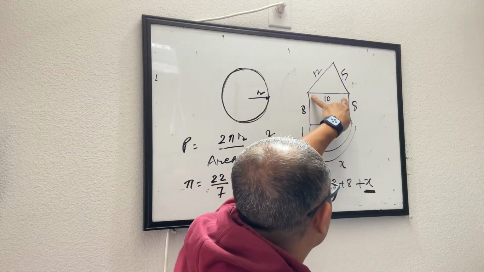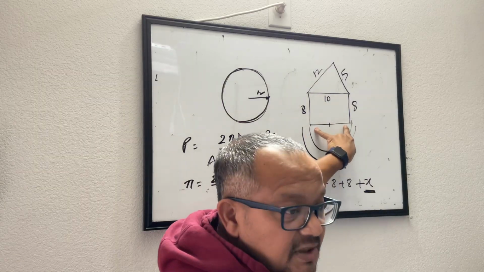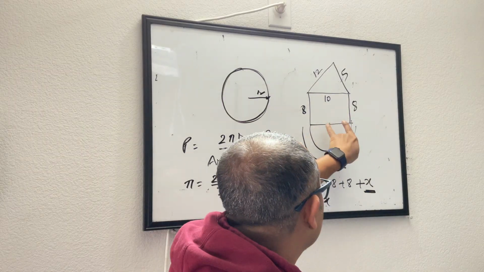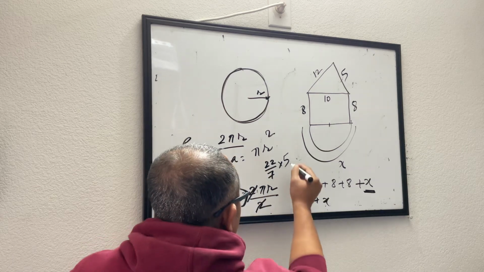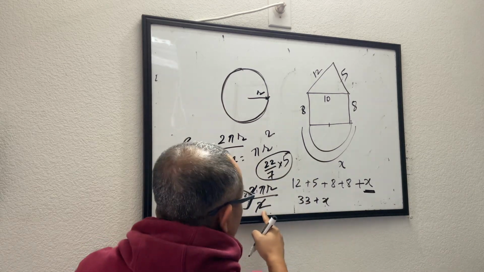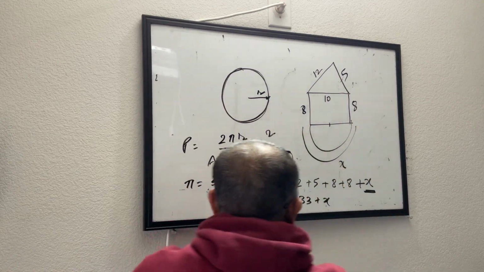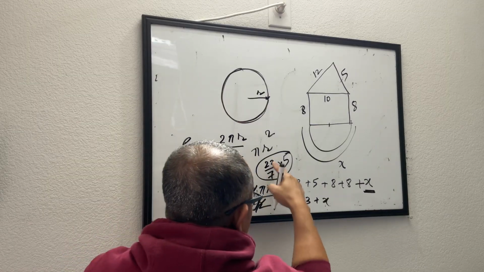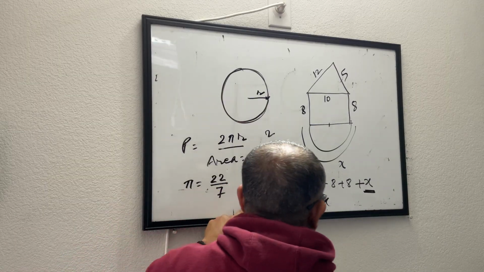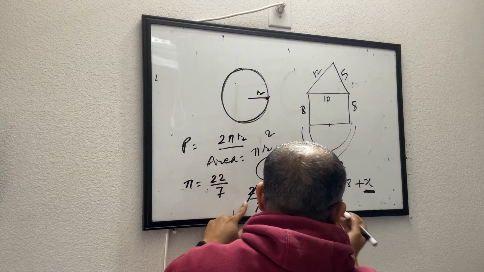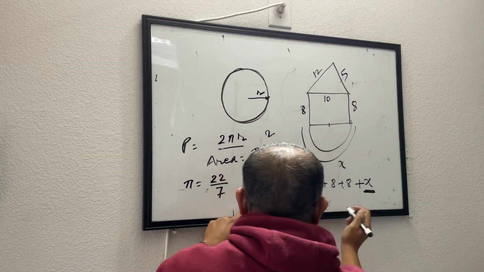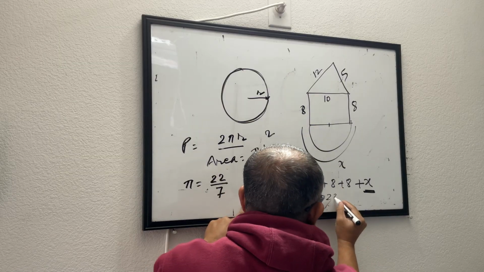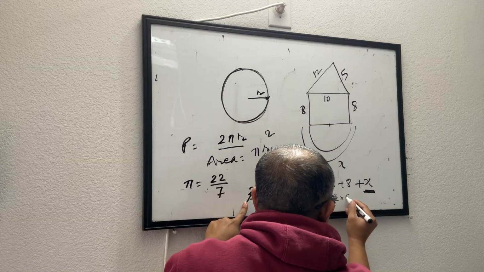This whole thing, 10, is the diameter of the semicircle, so half of that will be my radius. So 2 pi r by 2 is this length, which is pi r. Pi is 22 over 7 and this is 5. So 33 plus x, where x can be replaced by 22 by 7 into 5.